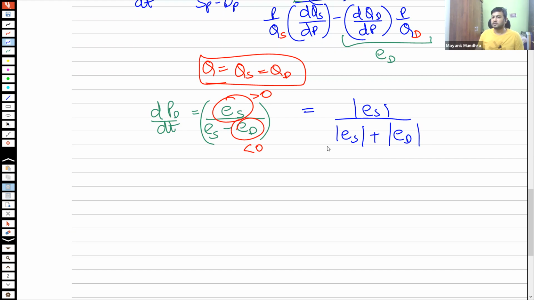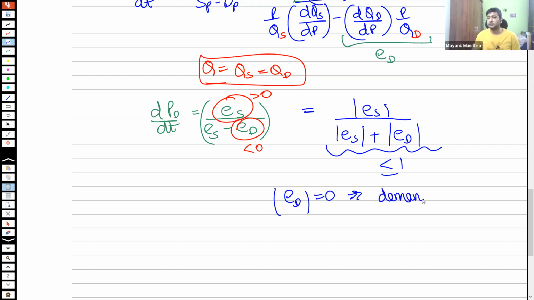Okay. So this clearly tells me that it's a fraction which is less than or equal to 1. It will be equal to 1 only when mod ED equals 0. Mod ED equals 0 means demand is perfectly inelastic.